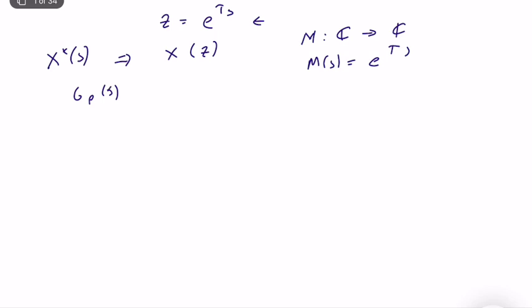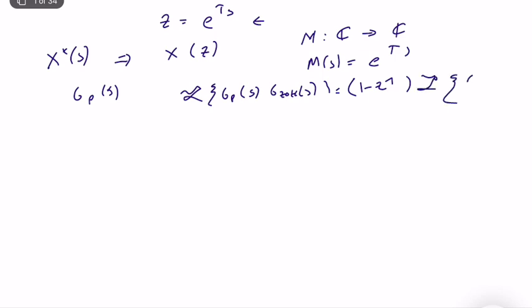If we want to compute the discretized transfer function, we technically find the Z transform of G_P(s) times the zero order hold G_ZOH(s), which is equal to (1 minus e to the power minus Ts) times the Z transform of G_plant(s) divided by s.